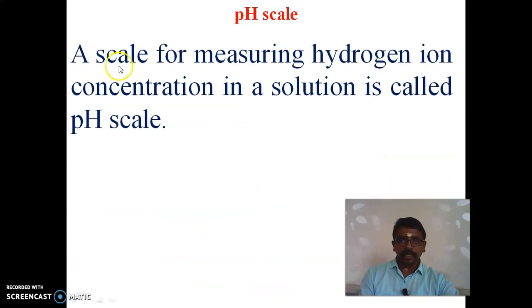The scale for measuring hydrogen ion concentration in a solution is called the pH scale.